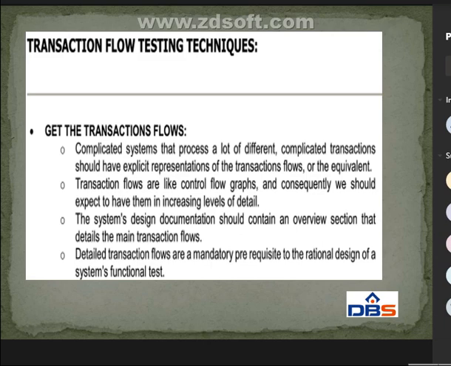Again, consequently we can expect the same result and increasing levels in detail. Suppose it is not like that, then again you have to check. But from the user's point of view, that is not a normal thing. From the system's point of view, you have to check in two ways: from the user's view and from the system's view. Sometimes the bug may arise at the system level also.